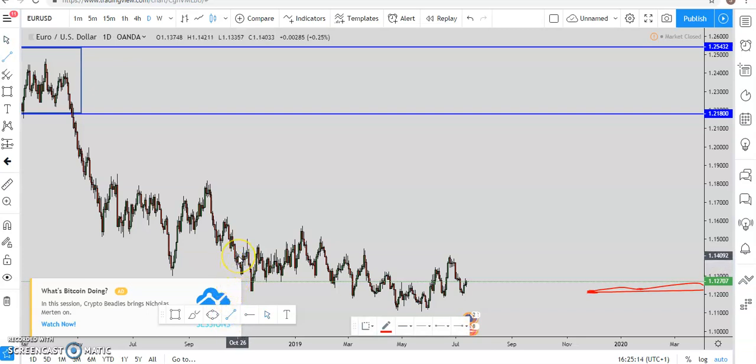So with the trend line, I have to use the first wick here and then the second wick here, or probably I can use this one here and then this one here. All right, so this is where price began falling, so I use this line, this first wick here, and then this one, project it downwards.